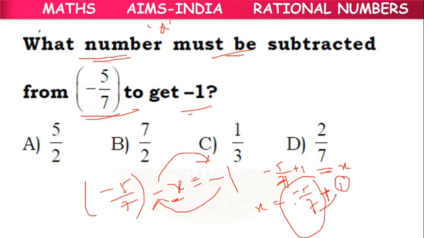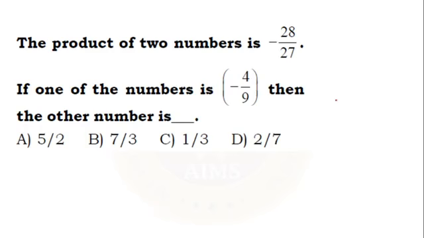We can directly multiply 7 into 1. 7 minus 5, how much? 2. 2 by, downside we can keep 7. 7 1s are 7, minus 5, 2. The numerator will become 2 and the denominator will be the same, 7. So option D, 2 by 7, is the correct answer.